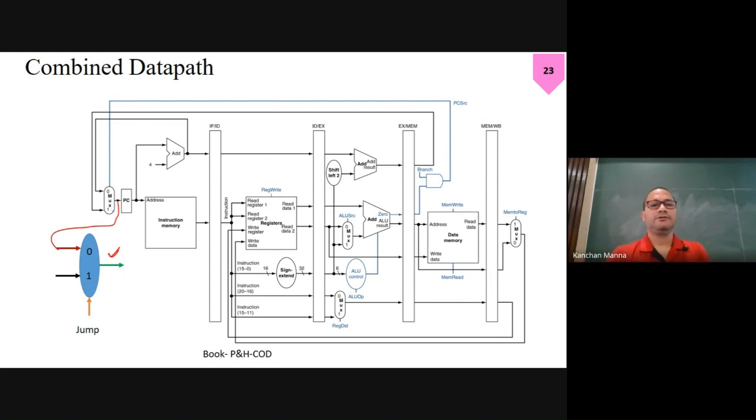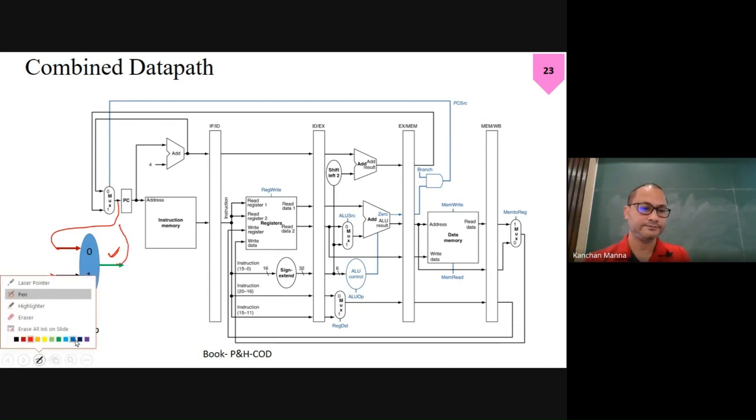So whatever they choose will appear here. Now if it is a jump instruction, then PC plus 4's most significant 4 bits and the jump instruction bits would be available here, and then we can connect it there. Got it?